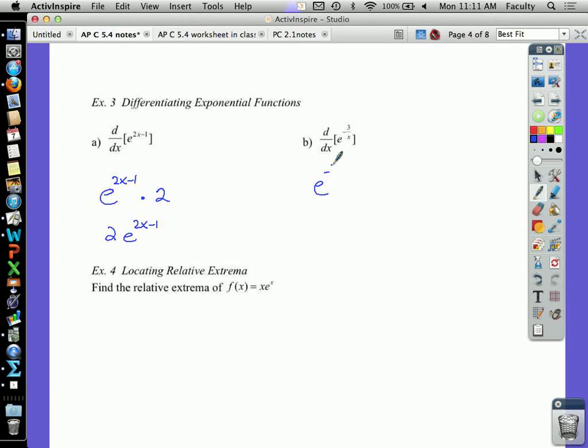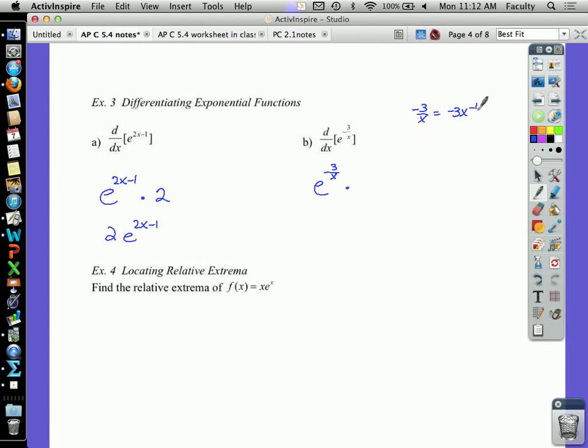Okay, so this is e to the negative 3 over x, but then you have to take the derivative of that. What I would suggest you do is rewrite that as negative 3x to the negative 1. And then instead of attempting a quotient rule, we can just do the power rule.